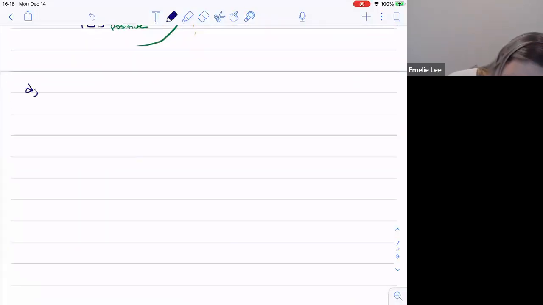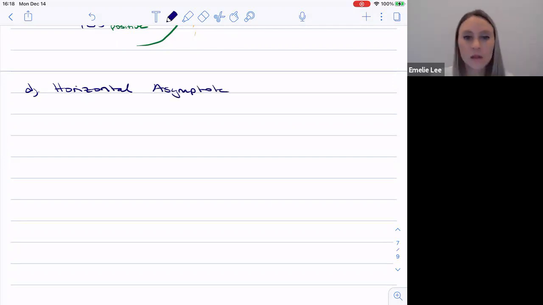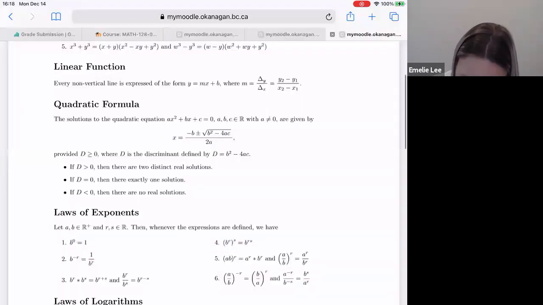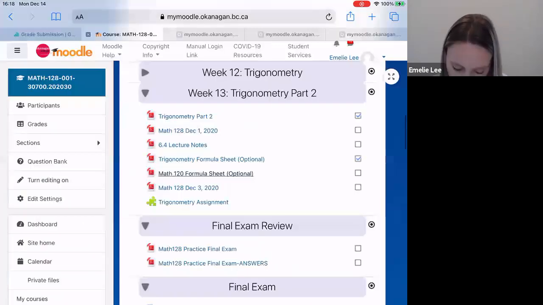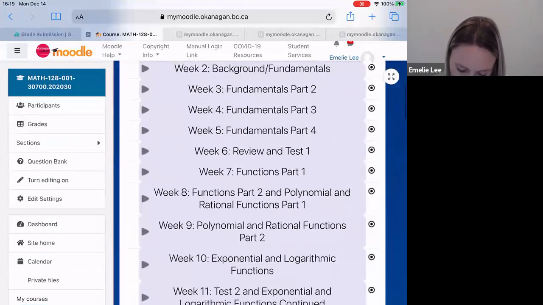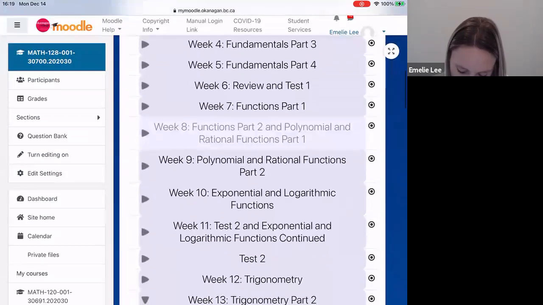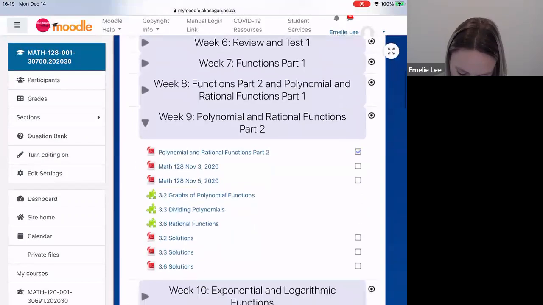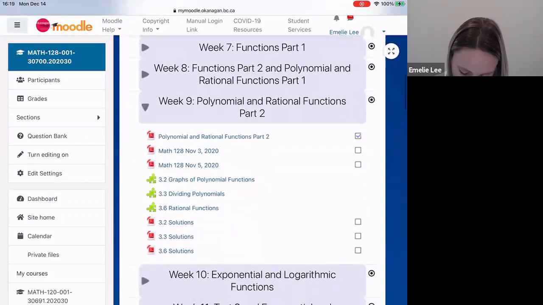So D, the horizontal asymptotes, oh, I know, I'm on Moodle. Here we go. Let's see here. That would have been rational and polynomial functions part 2.